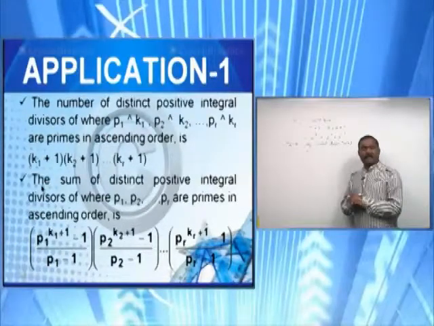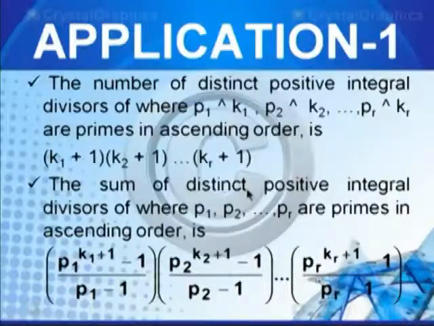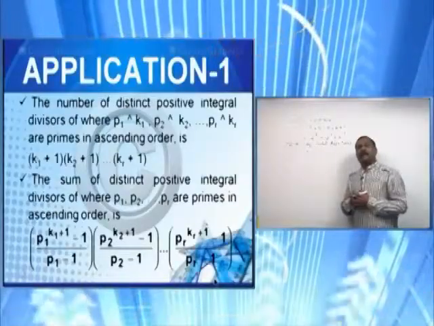Both are the same. Next, the second one: the sum of distinct positive integral divisors is P1 power K1 plus 1 minus 1 upon P1 minus 1, into P2 power K2 plus 1 minus 1 upon P2 minus 1, and so on. That will give you the total sum of all the divisors.